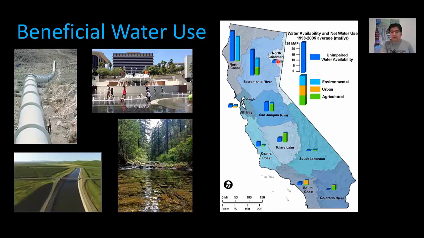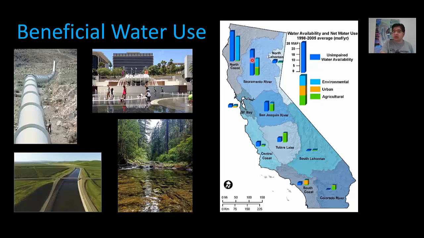This light blue is the amount of water that is left or that is kept in the rivers for the environment. This yellow will be how much water is used for urban, and this last one will be how much water is used for agriculture.